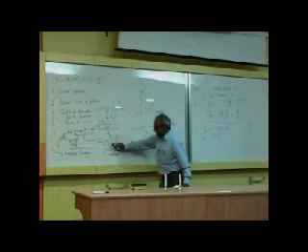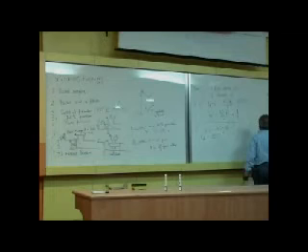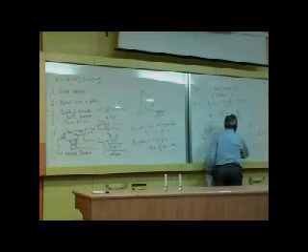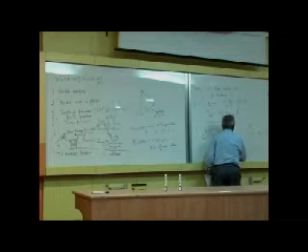That distance is L0 by gamma plus, since that thing is moving, a distance V times t prime, because it has moved for a time t prime. So t prime from here is L0 by gamma divided by Vs.